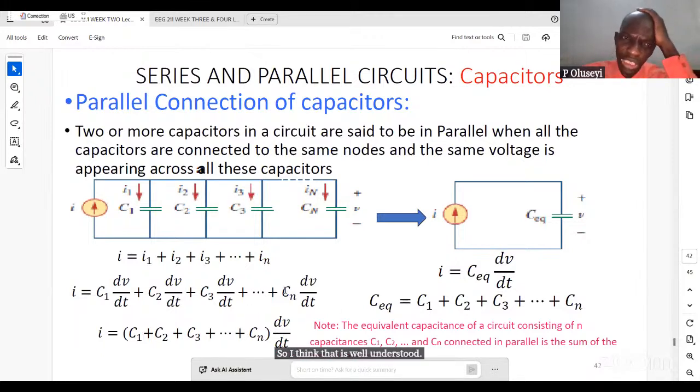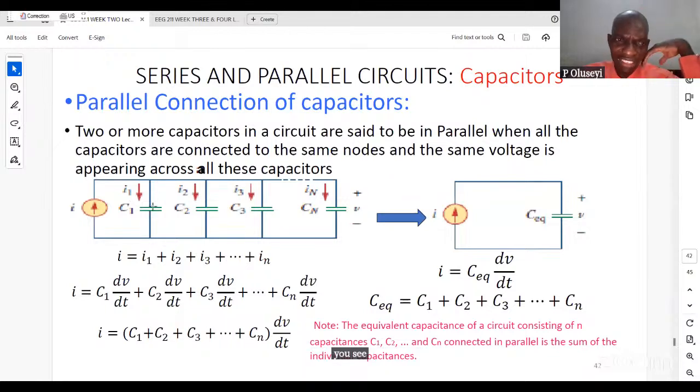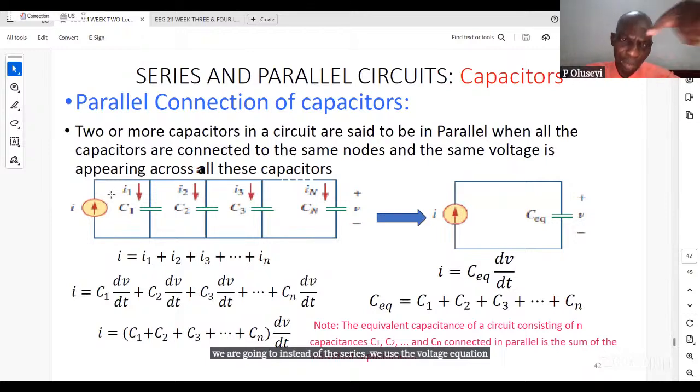But when you come to the parallel, you see the same scenario here, where the same current that is coming is shared among the different capacitors that are in parallel. Each branch has its own branch current. So instead of the voltage equation we used for series, in parallel we use the current equation.